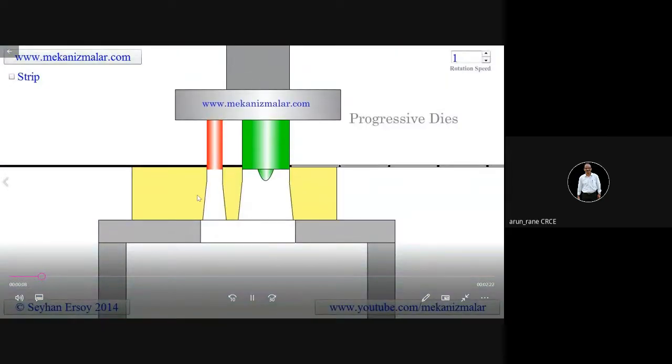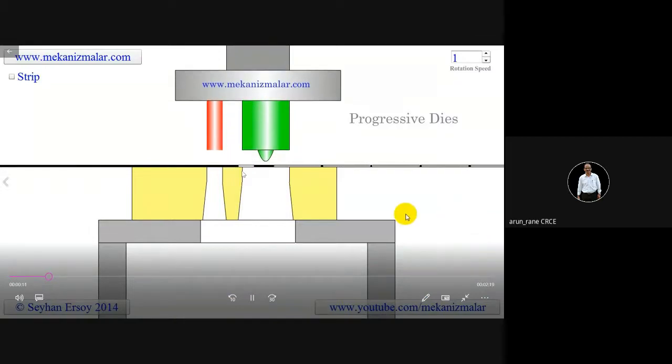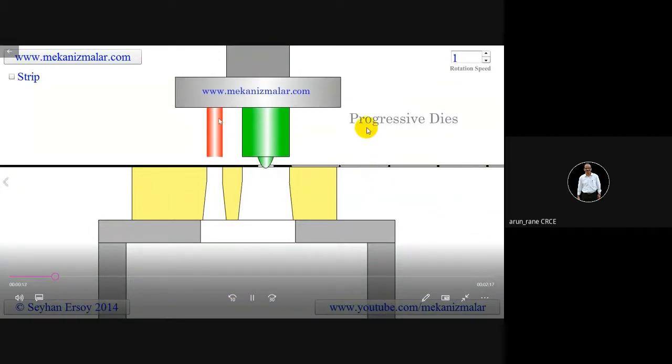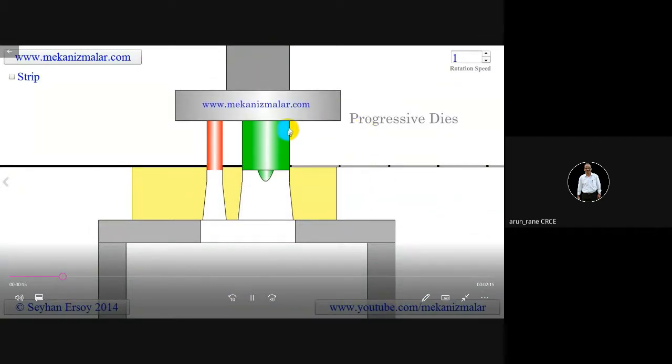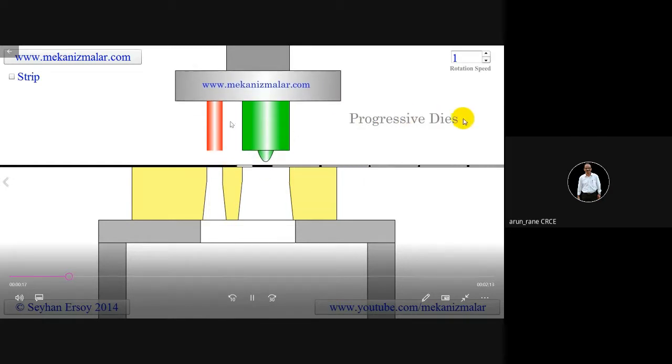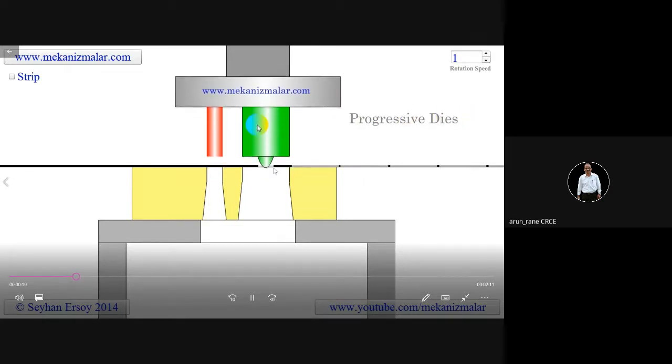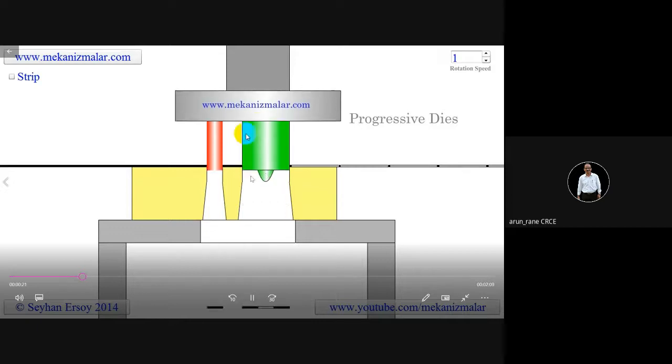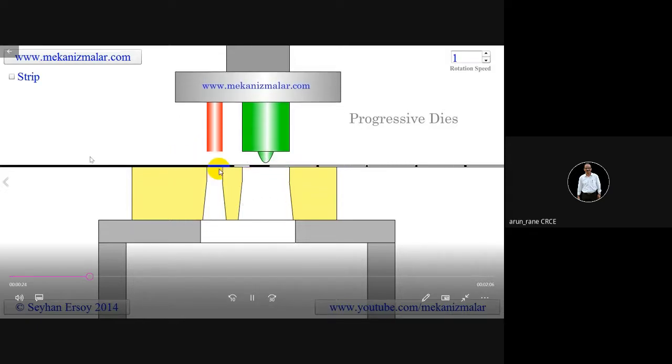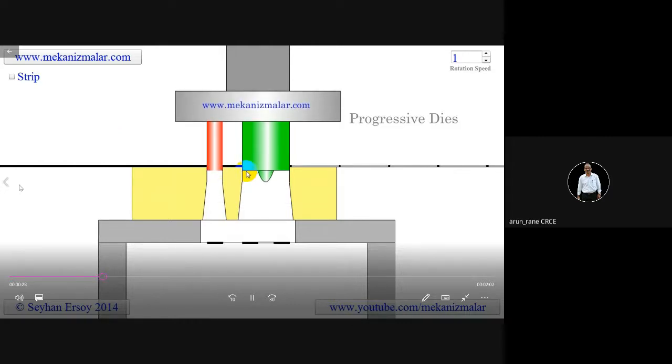So these are the two stations. This is the strip. Okay, now this is a locator. So the strip is going from left to right.